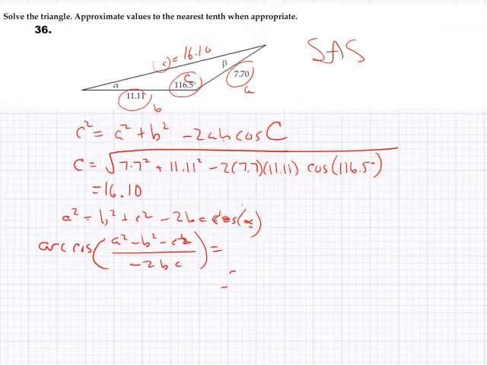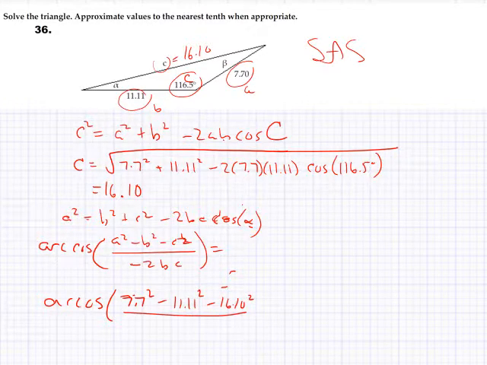And so filling in everything we have, we know A, B, and C, which are the sides of the triangle. We could say arc cosine of A, which is 7.7 squared, minus B squared, so it'll be 11.11 squared, minus C squared, which is now 16.10 squared, over negative 2 times, no, sorry, not 7.7.